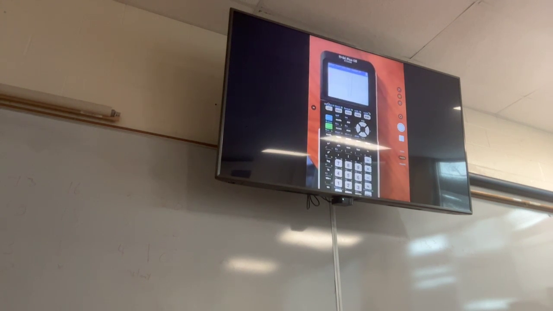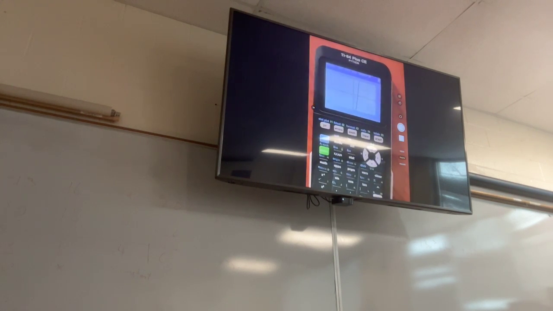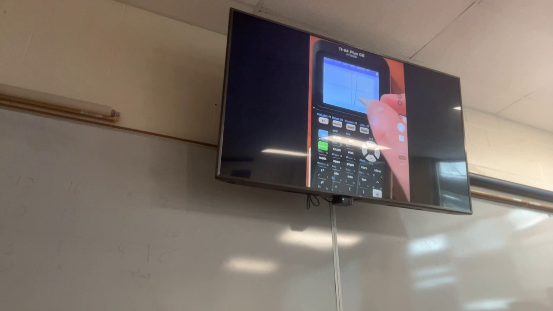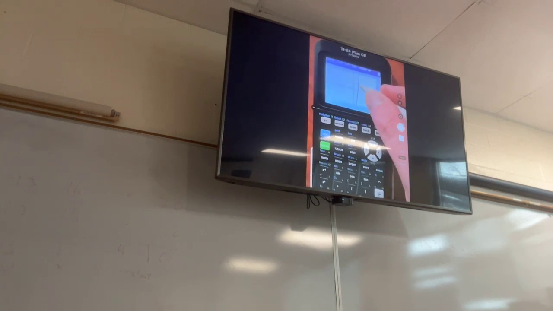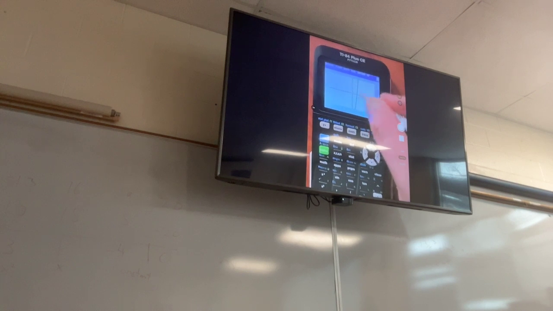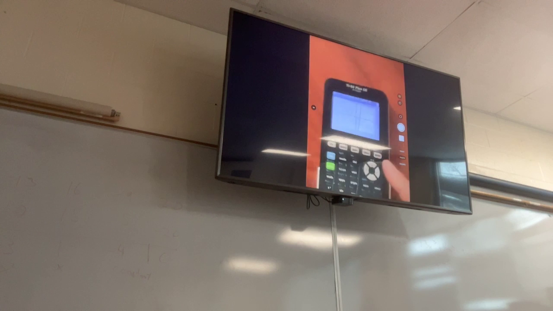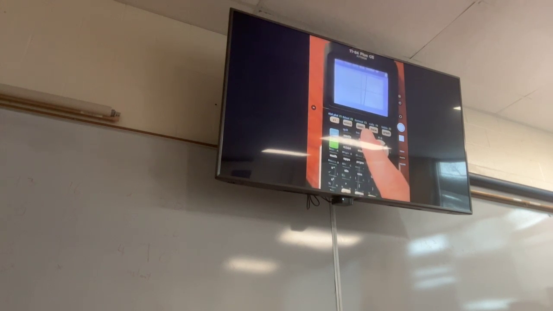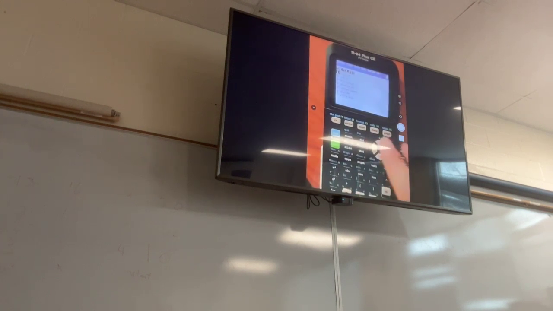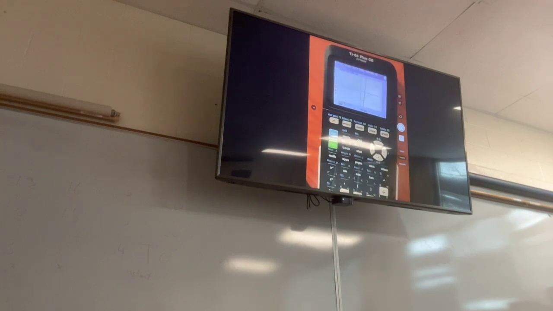So your first root is going to be where the graph crosses the horizontal axis here. What value is that? 2, right? Let's confirm with our calculator. I'm going to hit second, then trace, and I want the zero function, so hit enter on zero.